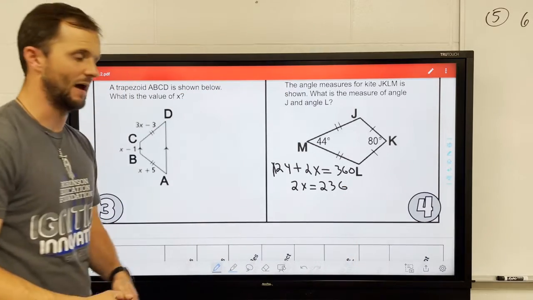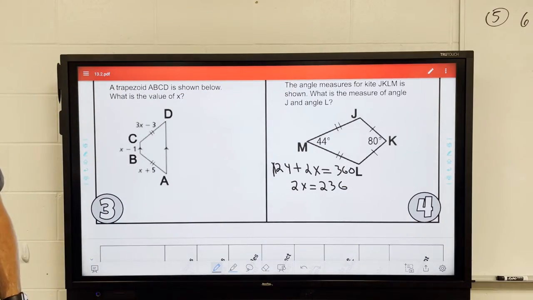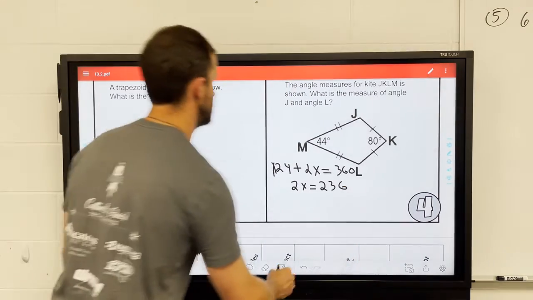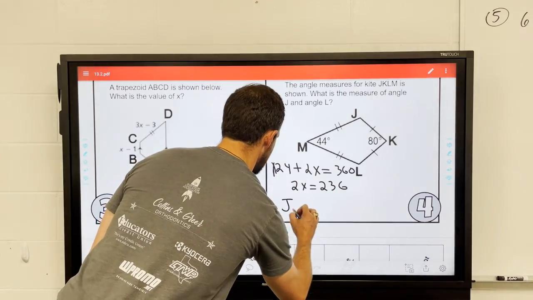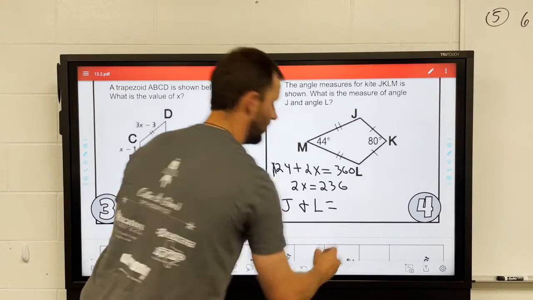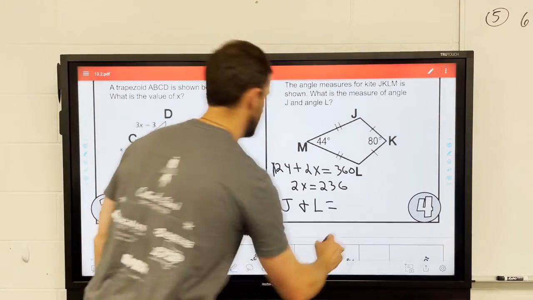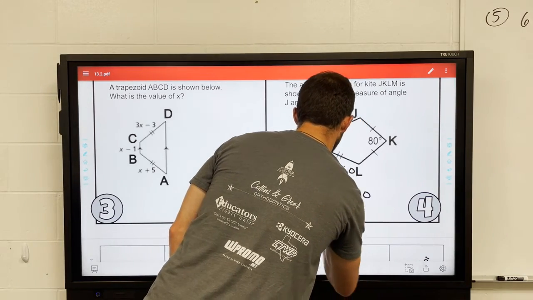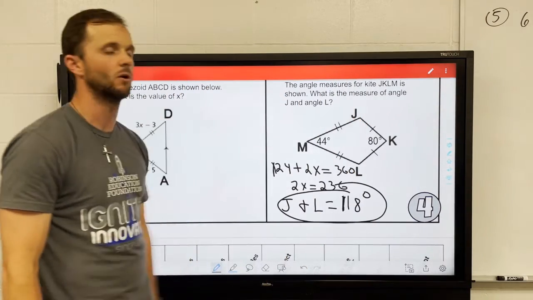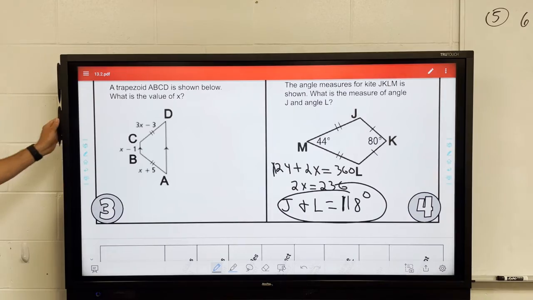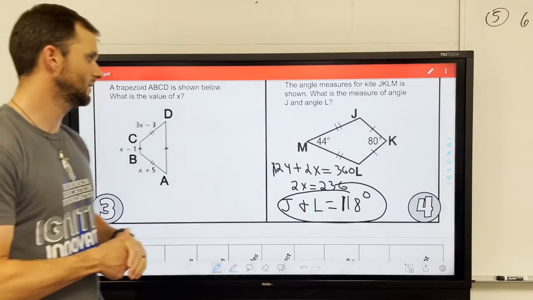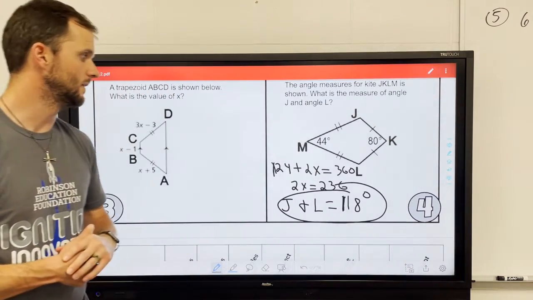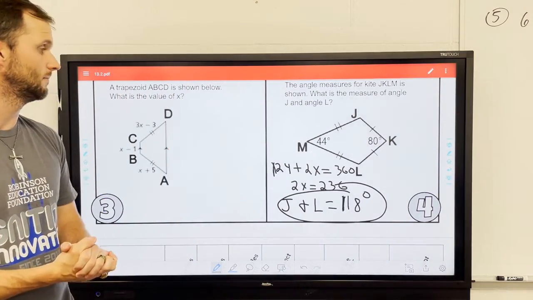Then I divide by 2 on both sides, so 236 divided by 2 is 118. So both J and L are going to equal 118 degrees, because in a kite those two opposite angles are congruent to each other.